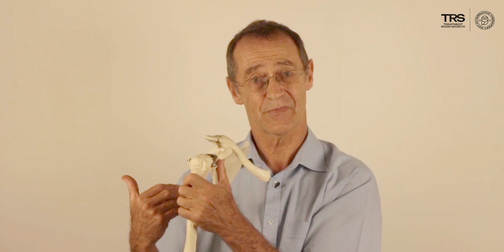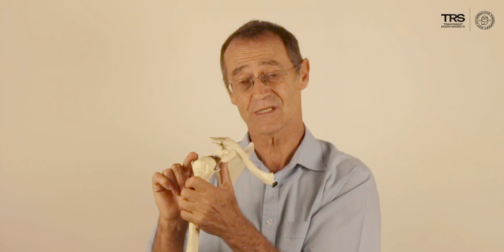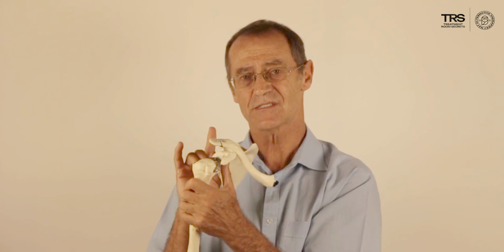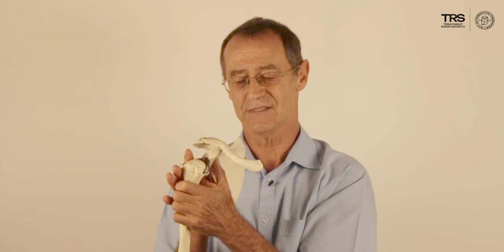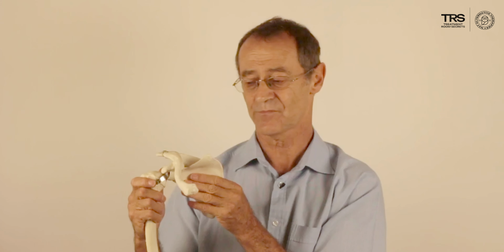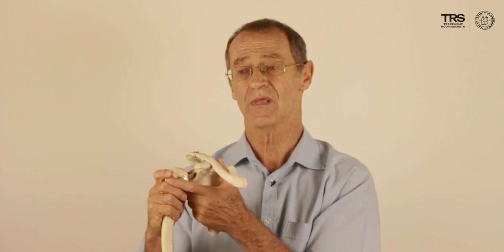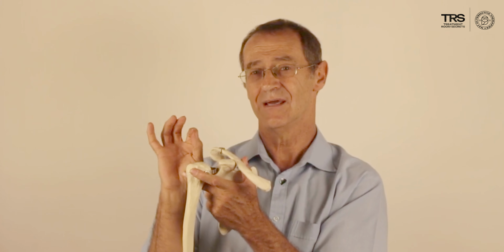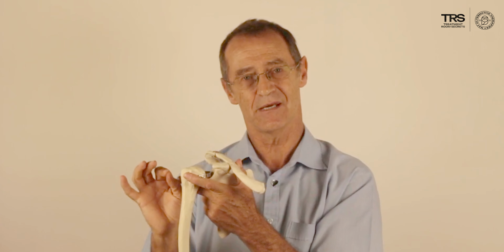You get a similar labrum in the hip, but this is a much more significant, large labrum. But the second, which is really the fascinating thing about the shoulder, is that you have a series of 4 muscles which all arise from the scapula itself, and these muscles form a dynamic stabilizer for the head of the humerus.